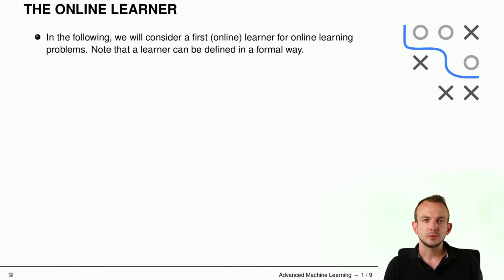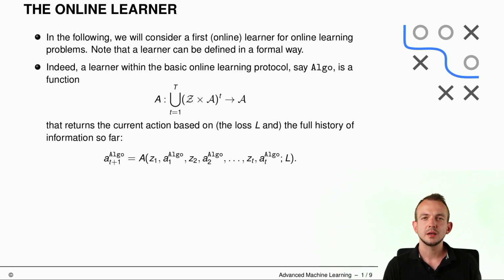So what we have done so far is we have specified the online learning problem. We had this basic online learning protocol and also the extended online learning protocol, but we haven't specified an online learning algorithm at all. And we can do this also mathematically via the following function A in the basic online learning protocol first. Remember, first the action is chosen by the algorithm and then the environment reveals an environmental data point.